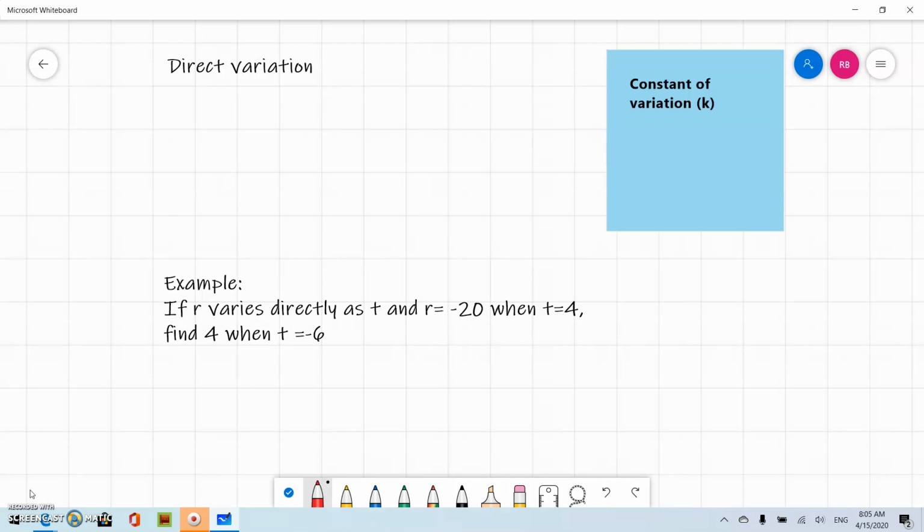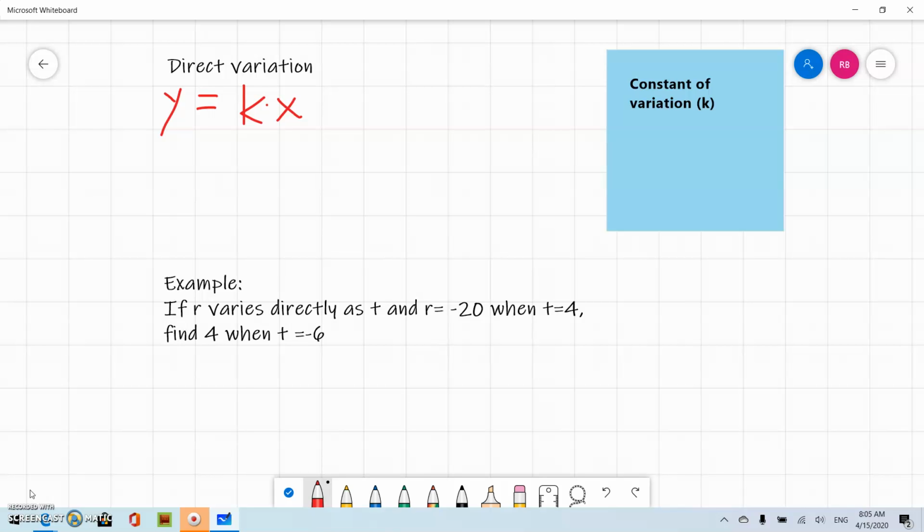Direct variation will have wording something like this: y varies directly with x. What that means is that it looks like a linear function that has a y-intercept at (0, 0).